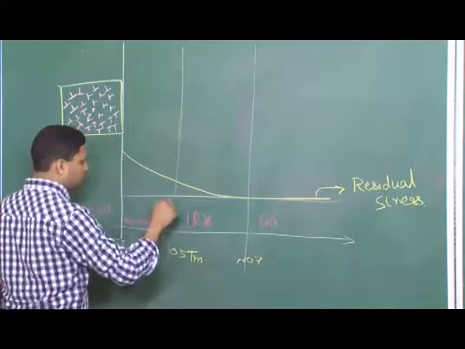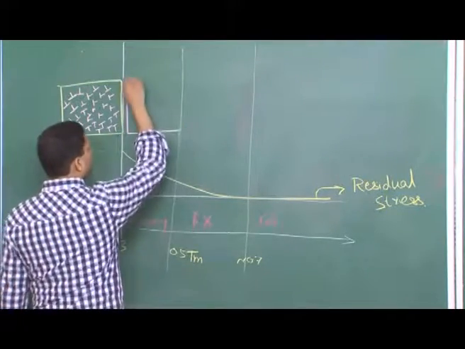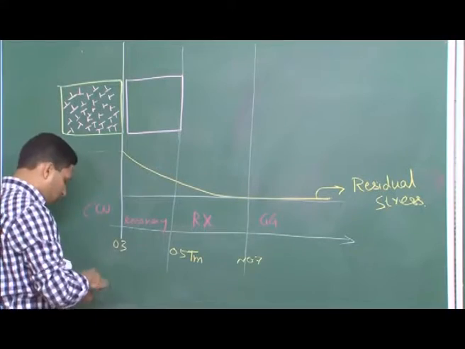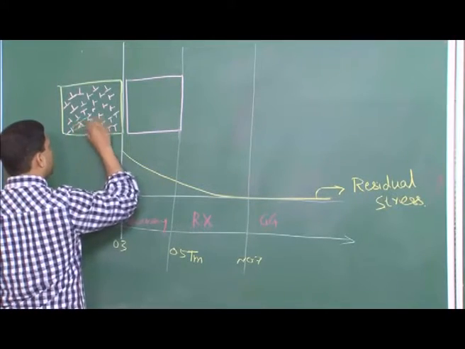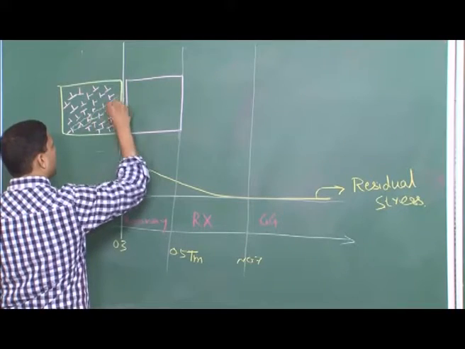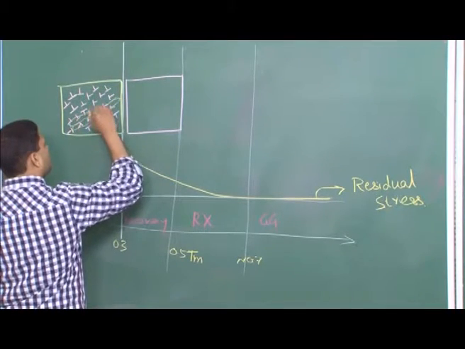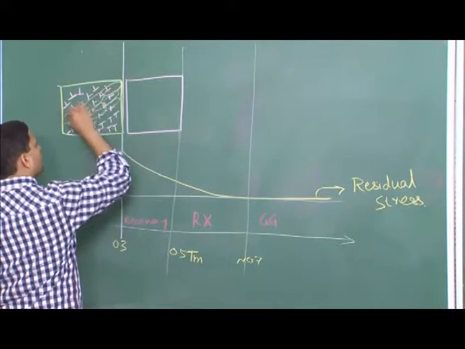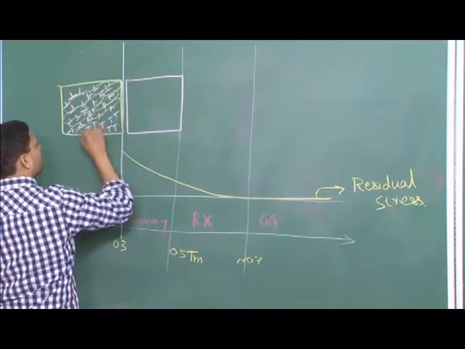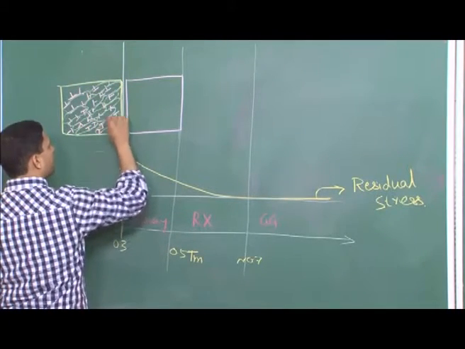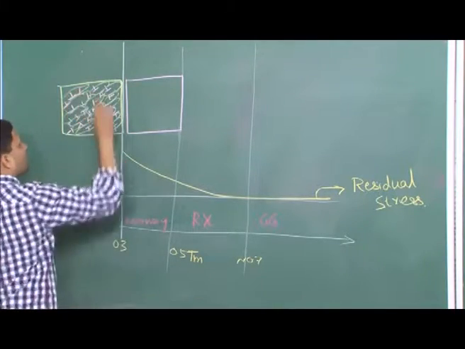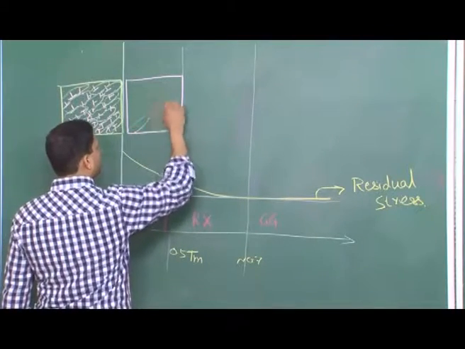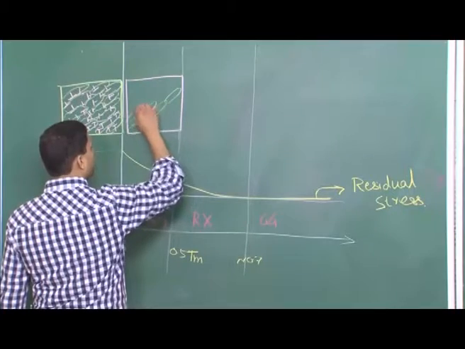Now, when you get to the recovery zone, let us say there are these elongated grains somewhere like this. So, these are elongated grains, and when you are in the recovery zone, the grain sizes do not change. We have already shown that.